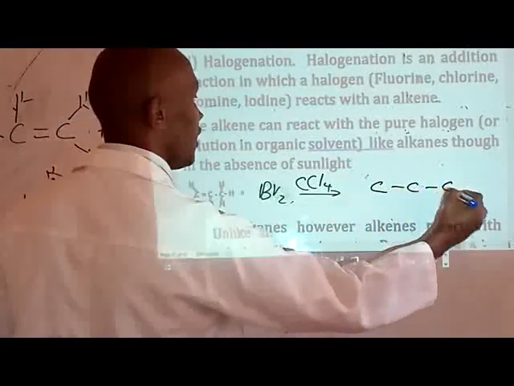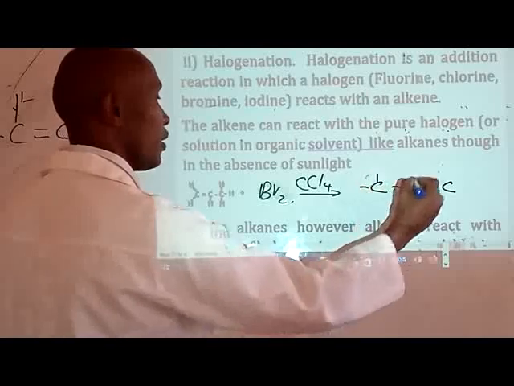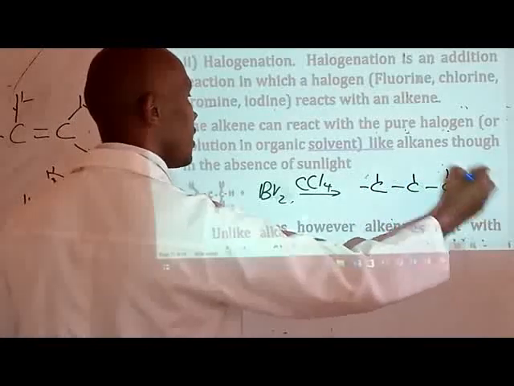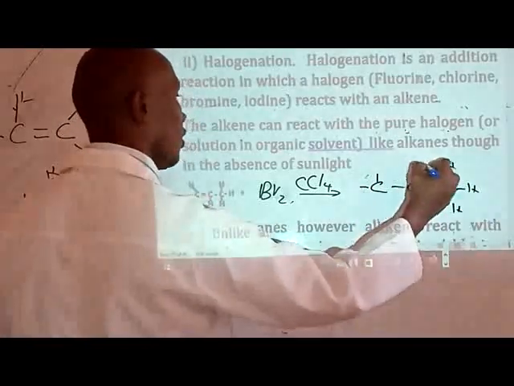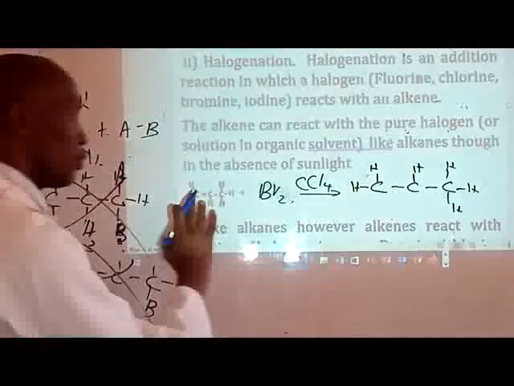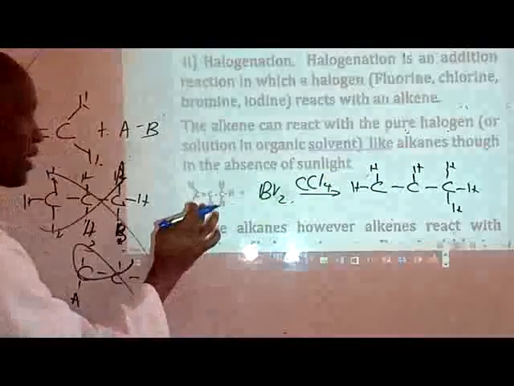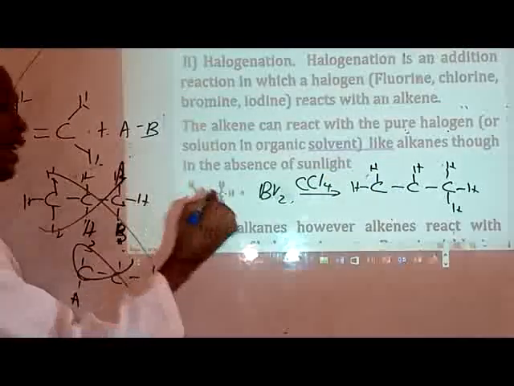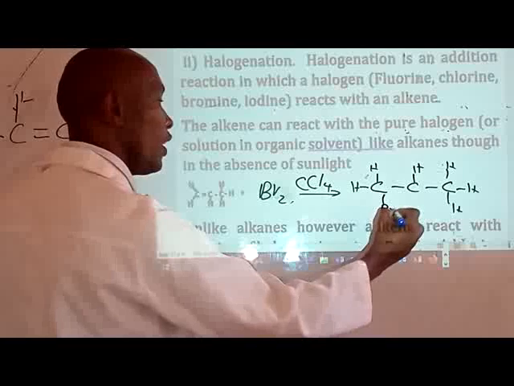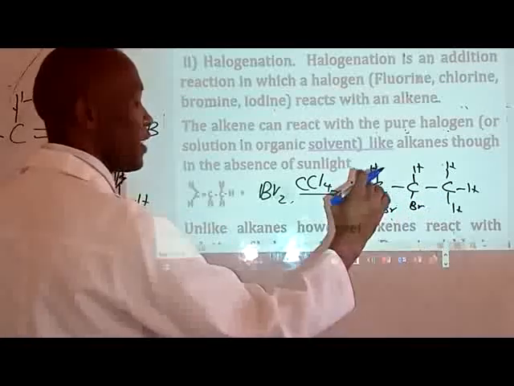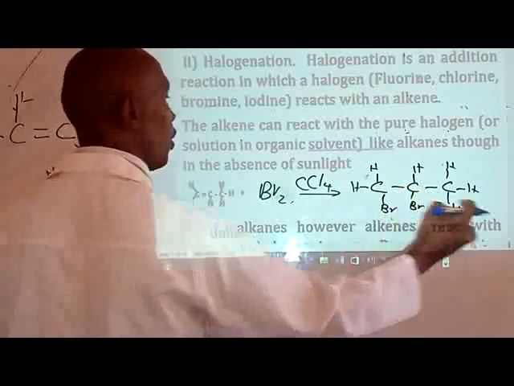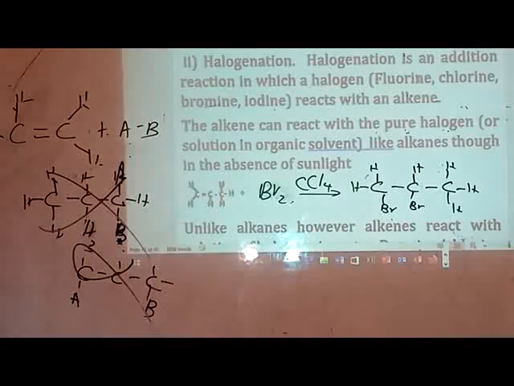So what do I get? Again, the first thing I need to do is break the double bond and obtain the structure without the double bond. The first carbon has 2 hydrogens, the second one has only 1 hydrogen. Then I attach 1 bromine there, the other bromine there. So I get 1,2-dibromopropane.